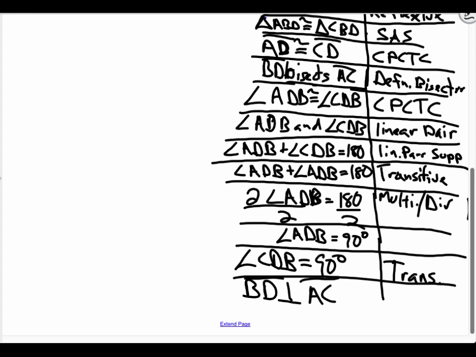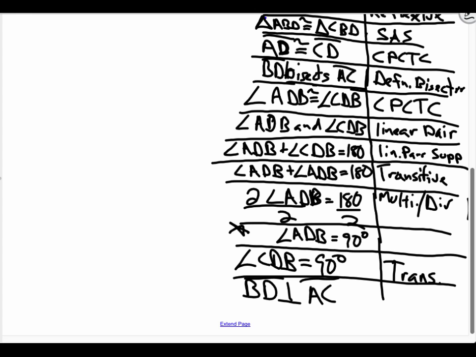Now your book did kind of a short route. There really isn't a definition for that other than it's perpendicular, right? Perpendicular means that BD intersects AC at a 90-degree angle, which is true. I really didn't need to prove both of them equal 90, although I could have.